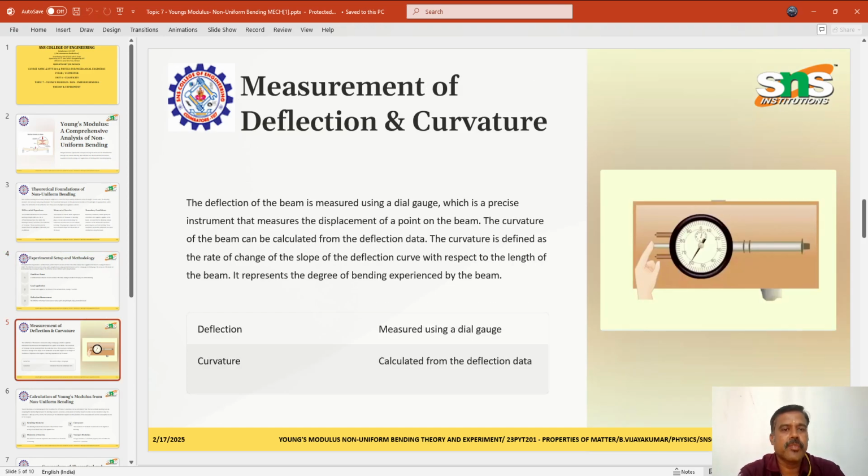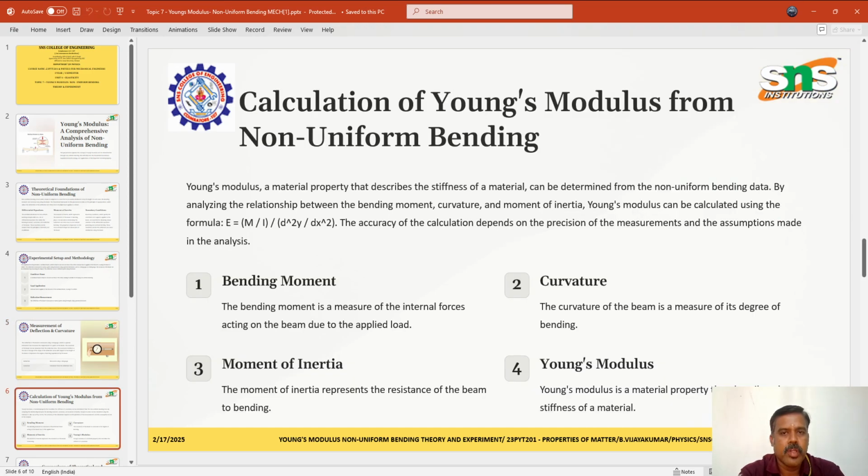The measurement of deflection and curvature. The deflection of the beam is measured using a dial gauge, and curvature is calculated from the deflection data. The calculation of non-uniform bending by using the Young's modulus method.